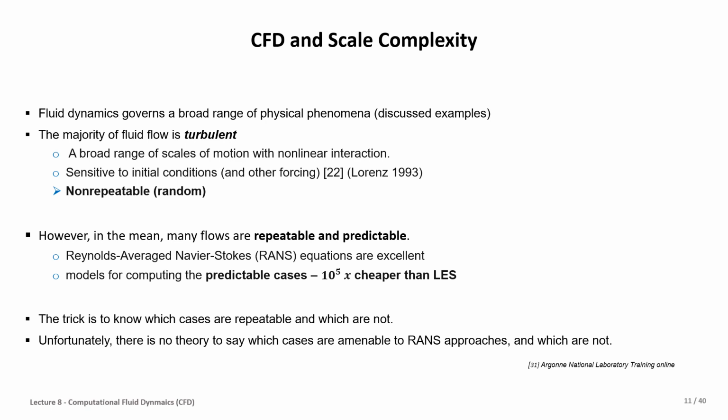The 10 to 5 is not something that we can neglect, and it's a very different cost. But when can we use RANS and when can we not? There are no actual cases that say when we can use it, but it depends on much experience and many statements that are available in the literature, and of course on who is using the approach.